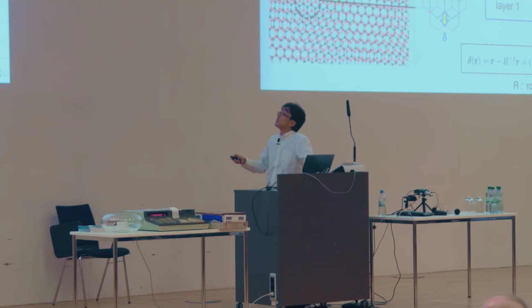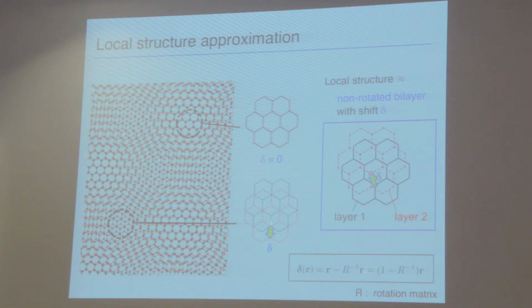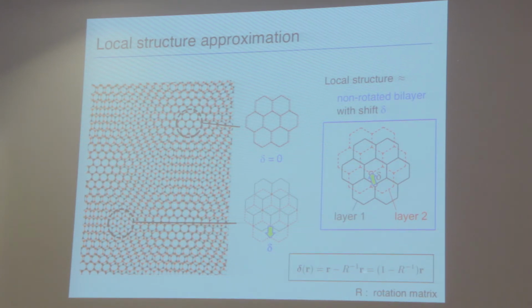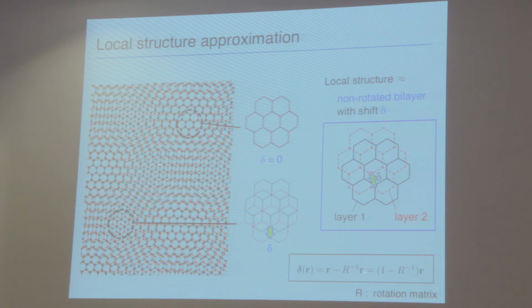So we can view this system as locally non-rotated graphene, but with this delta, this parallel translation, slowly depending on the position. Here we had delta equals 0, but delta is slightly increasing, and it depends on R in a certain way. So this is the starting point.